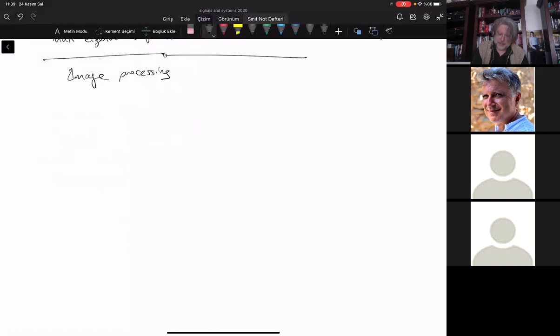It's like this. Suppose that you have two types of images. One of them is a screwdriver, something like this. No, it's not a screwdriver, it's a key. A key is this, and a screwdriver is this.